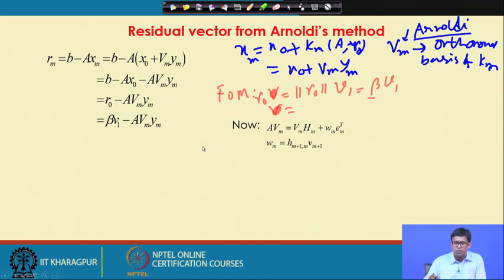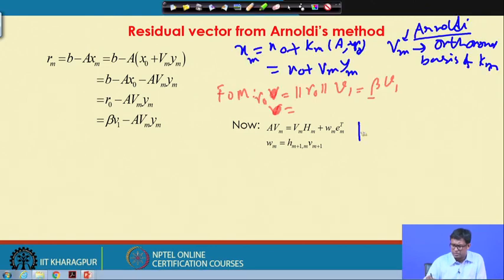Now, from Arnoldi's method we got these identities. This comes again from Arnoldi. If we look into Arnoldi's algorithm, which I have just shown in the last slide, these relations are evident from there: A Vm is equal to Vm Hm plus Wm Em transpose, where Wm is H(m+1,m) V(m+1).